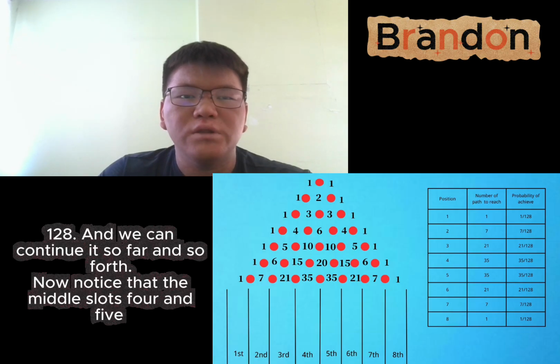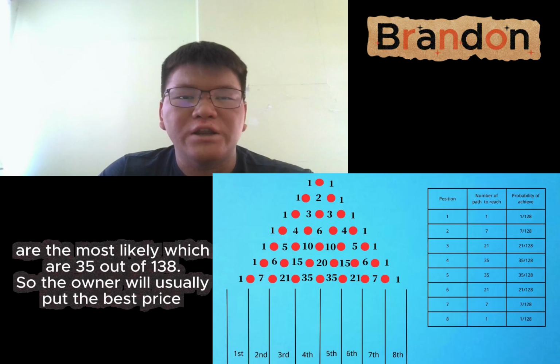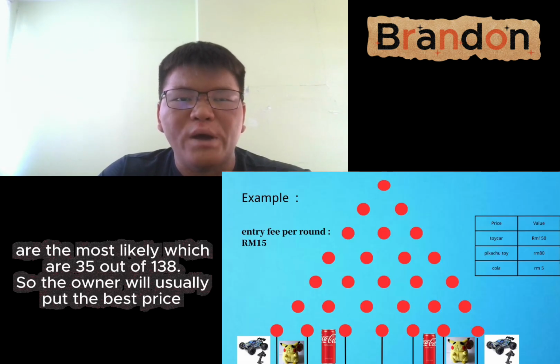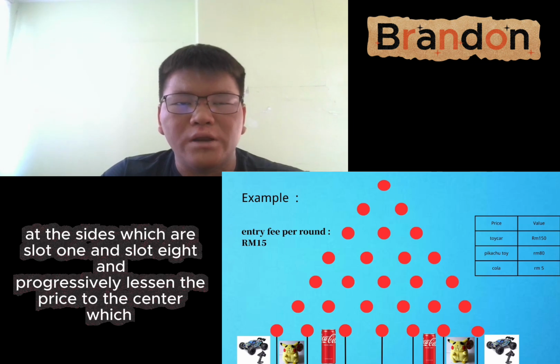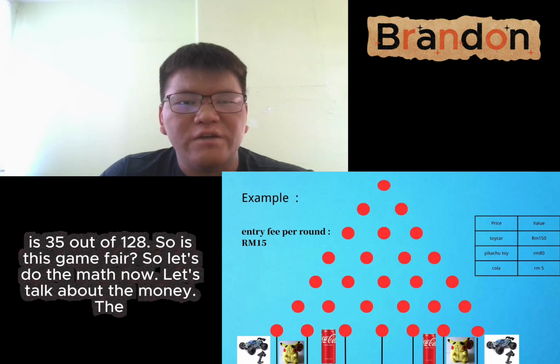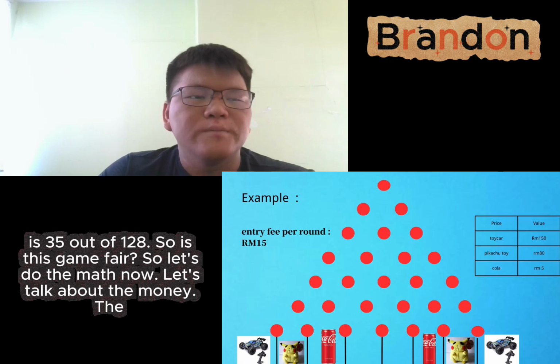Now notice that the middle slots 4 and 5 are the most likely, at 35 out of 128. So the owner will usually put the best prizes at the sides, which are slot 1 and slot 8, and progressively lessen the prize value toward the center.